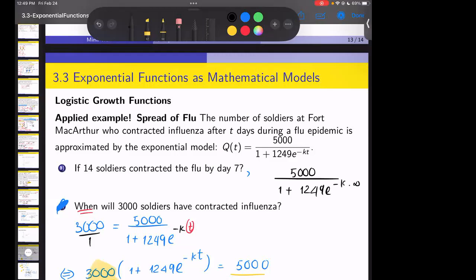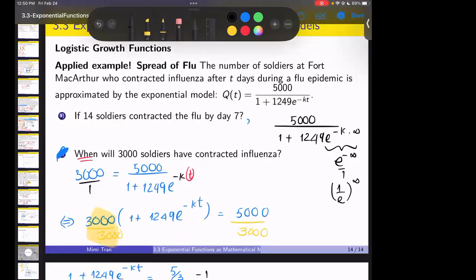Negative k times infinity is negative infinity, right? So this is e to the negative infinity, which is equal to 1 over e to the infinity, right?